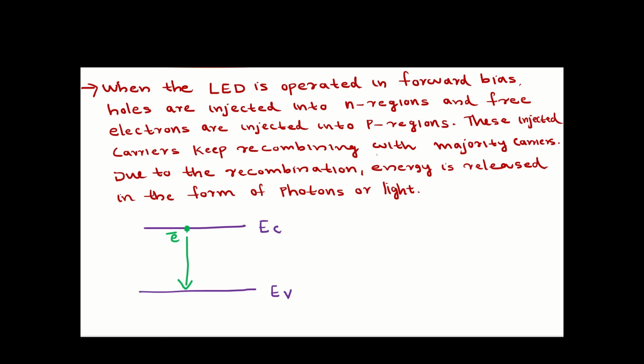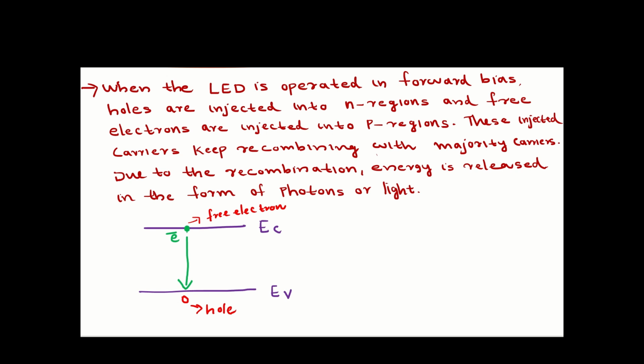I will write with a different color. This one is a hole. This one is a free electron. The free electron present in the conduction band falls into the valence band and recombines with holes present in the valence band, and energy is released.